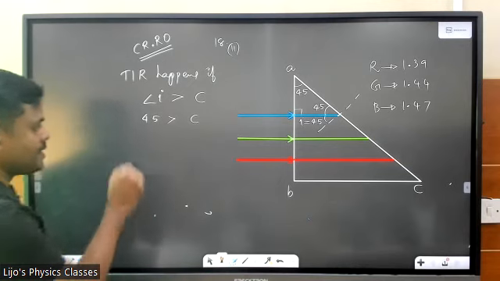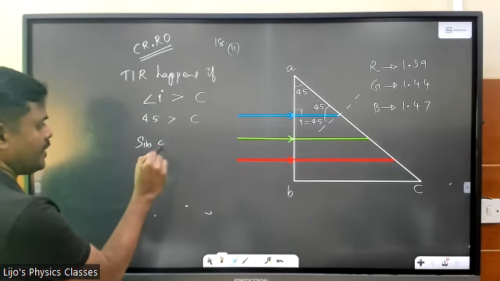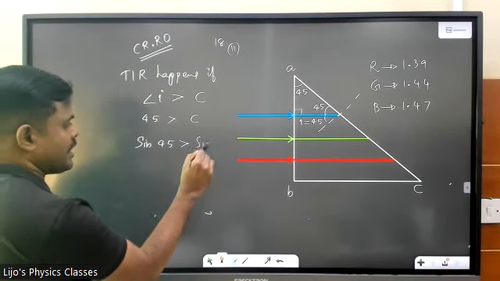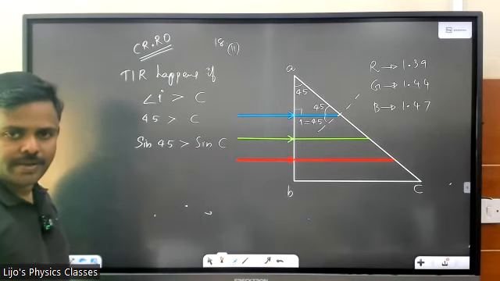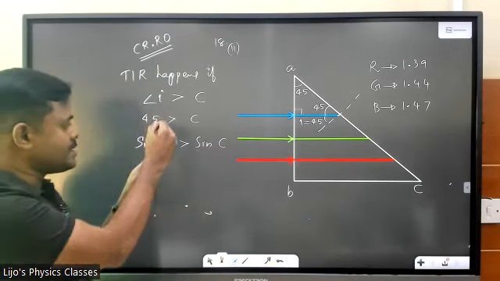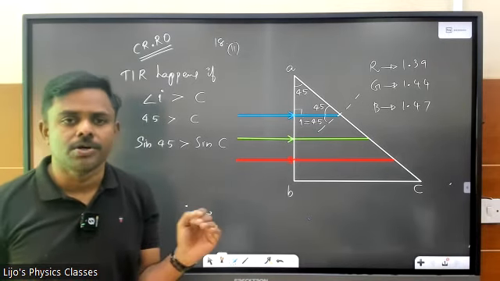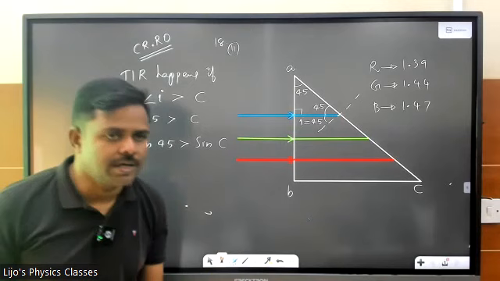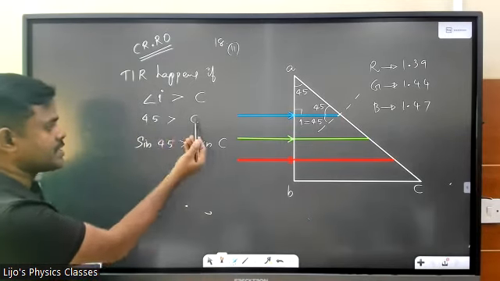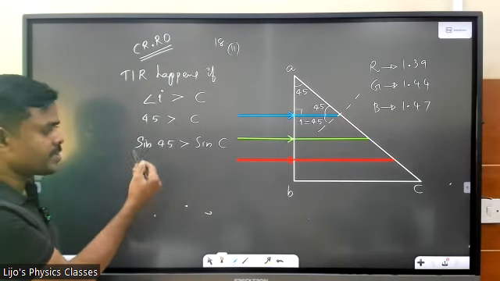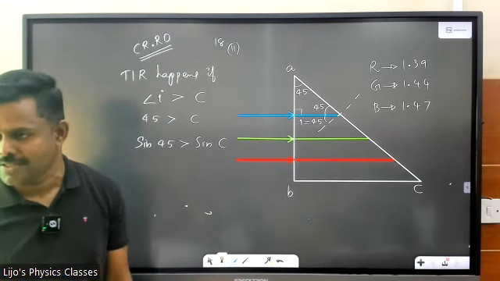I take sine on both sides. Sine 45 is greater than sine of critical angle, because the more the value of the angle, the more the sine function. So when 45 is greater than C, sine 45 is greater than sine C.